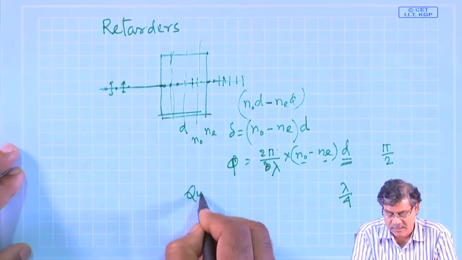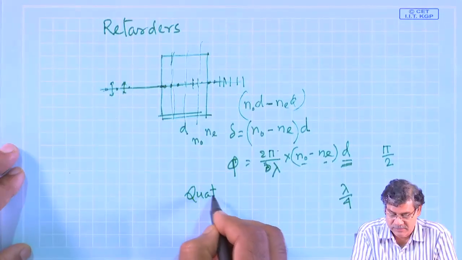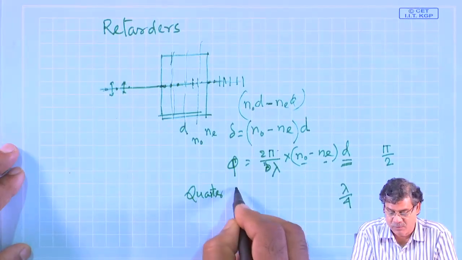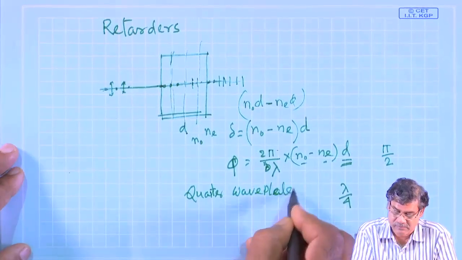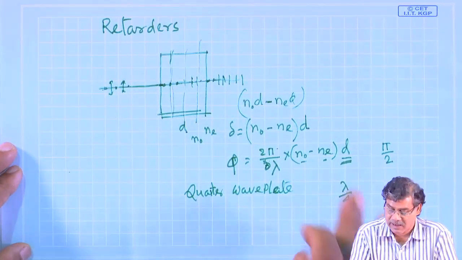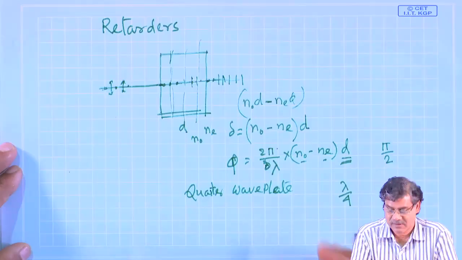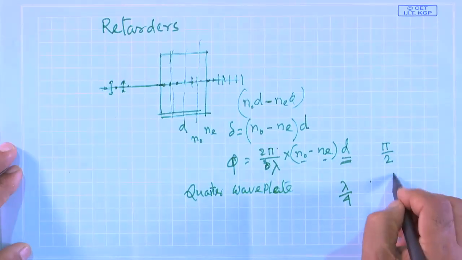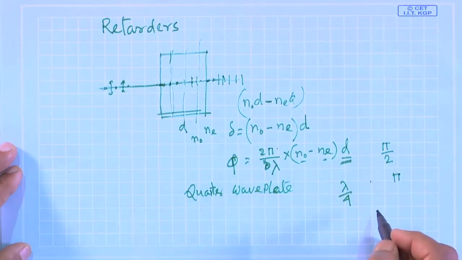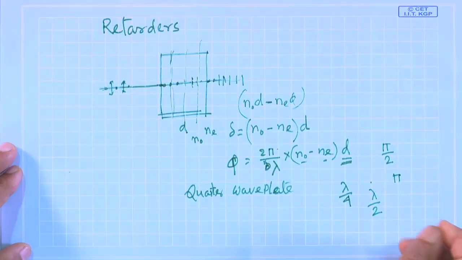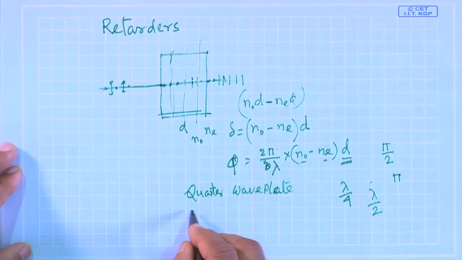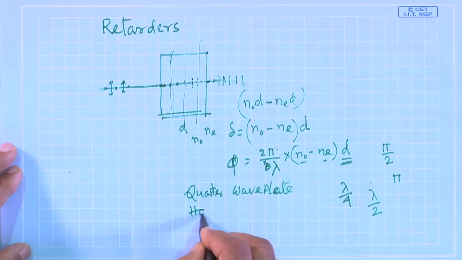If the thickness is such that it introduces a phase difference of pi, that means the path difference is lambda by 2, then that plate is called a half wave plate.